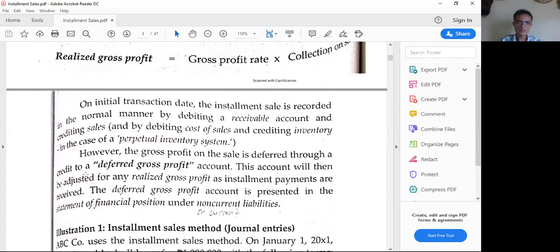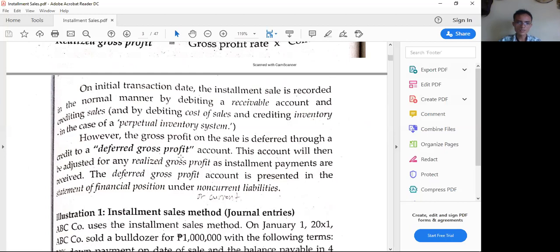Then after that, if we are using the perpetual inventory system, then we are going to debit cost of sales and credit inventory, which is another entry. Now, the deferred gross profit account is actually to be recognized later on as we make adjusting entries. So initially, it will not be seen on our journal entries. The moment that we do the adjusting and closing, it will be shown.